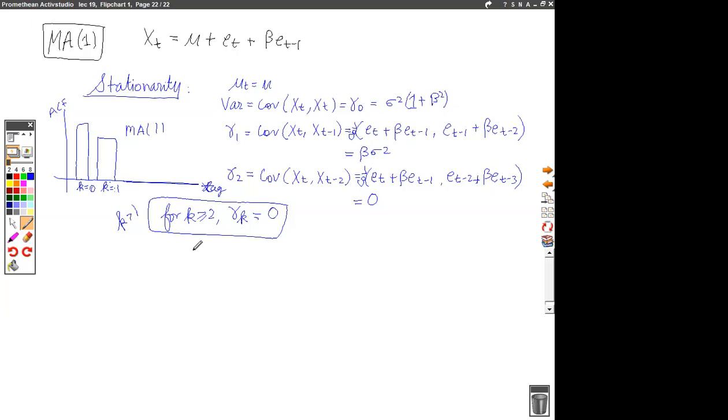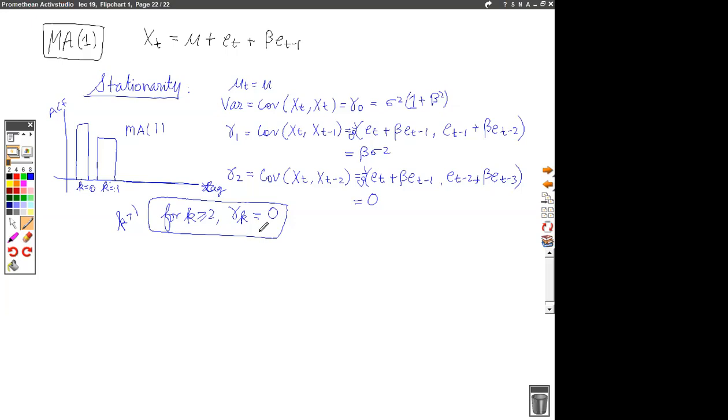I know that this is again stationary, right? Because I have my covariances, which are just some constant numbers. And we'll see it again when I generalize this case, that an MA process will always be a stationary process, because it is nothing but a linear combination of white noise processes, and any white noise process is always stationary.